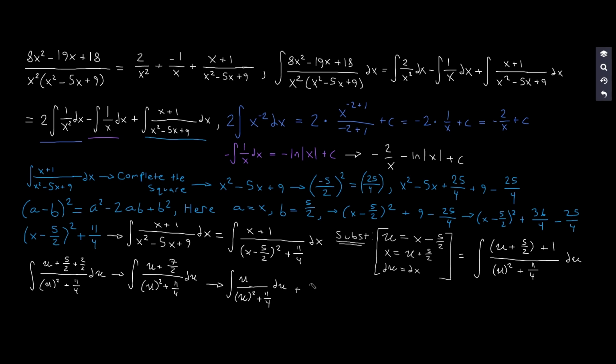But I'm just going to factor that 7 over 2 out, because then we're going to have inside of the integrand 1 over u squared plus 11 over 4, and then integration with respect to u, right?